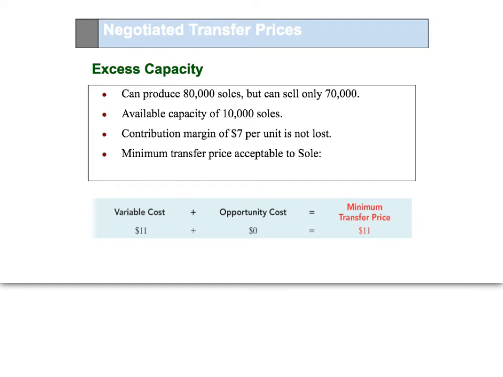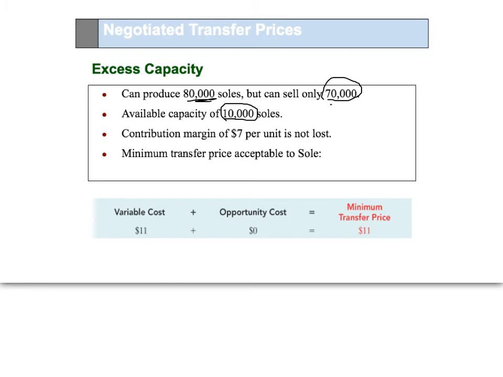However, suppose the sole division had excess capacity. That is, it can sell 70,000 to the outside world, but it can produce 80,000. So it has the available capacity to produce those extra 10,000 soles, and they can't sell them to the outside world.